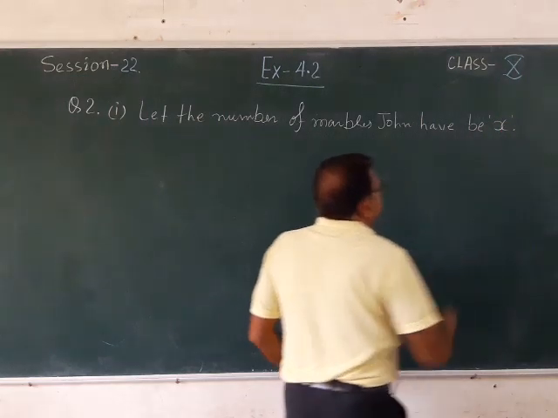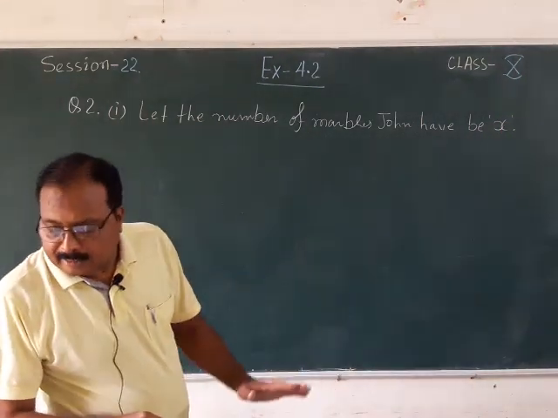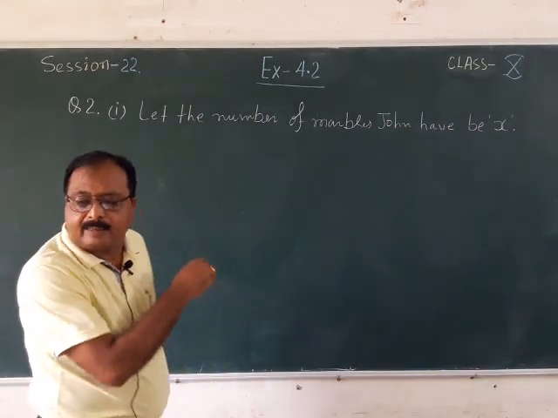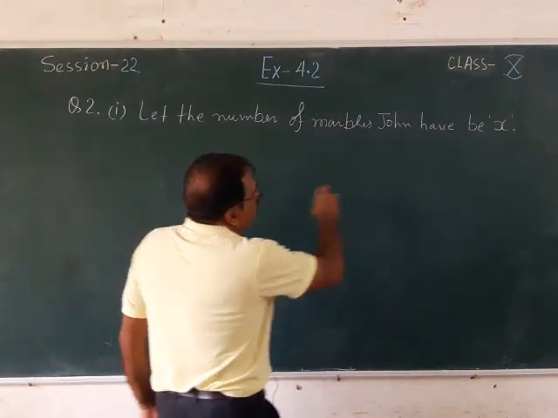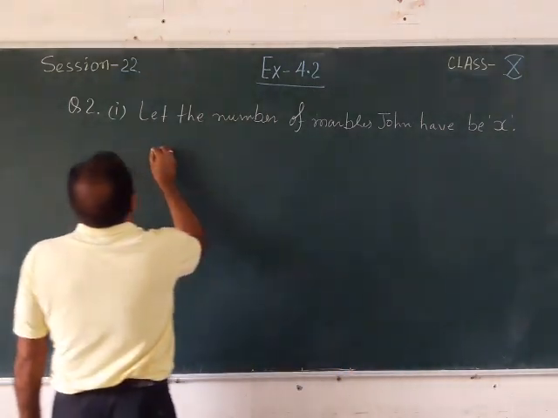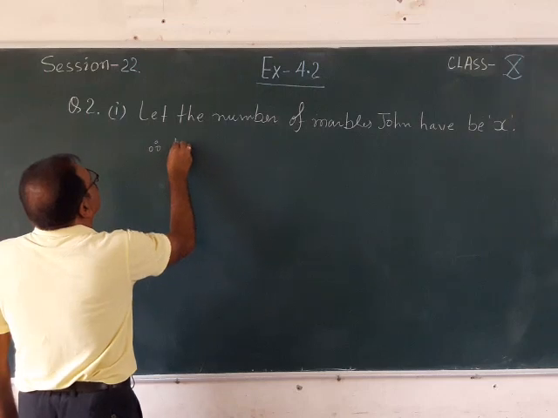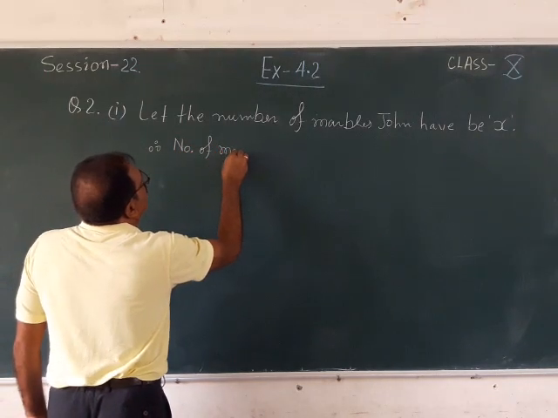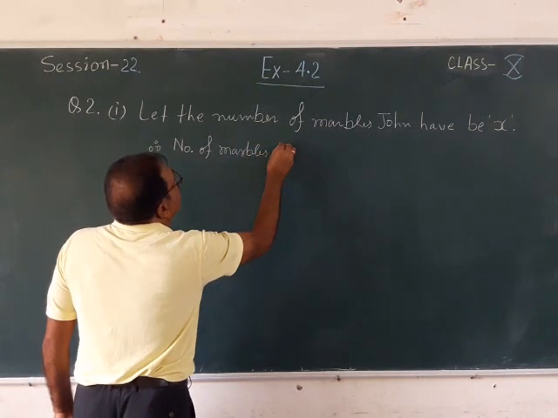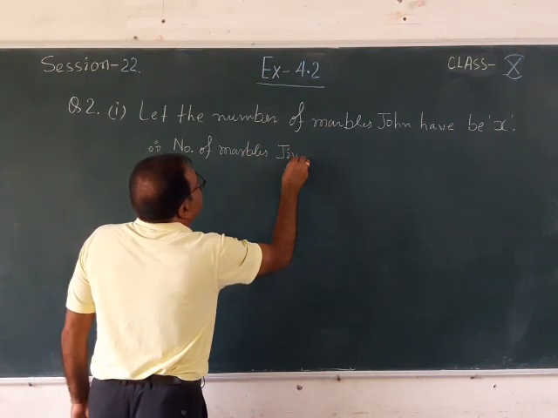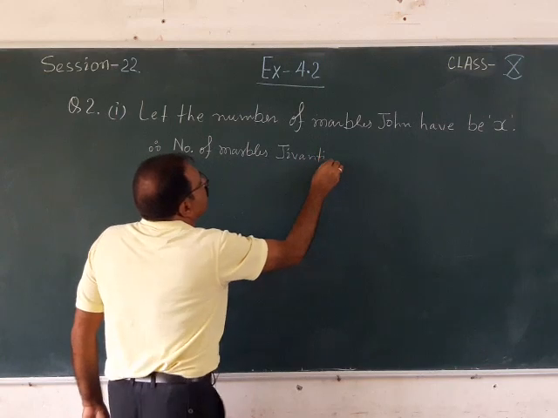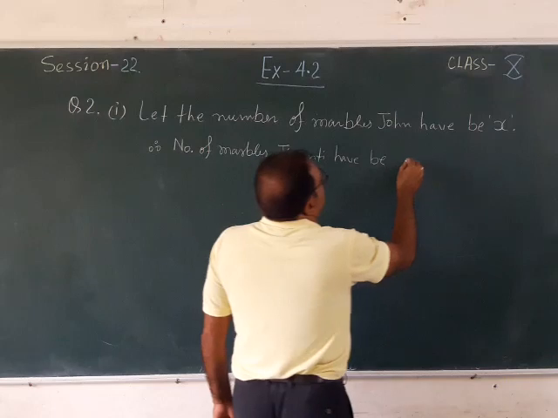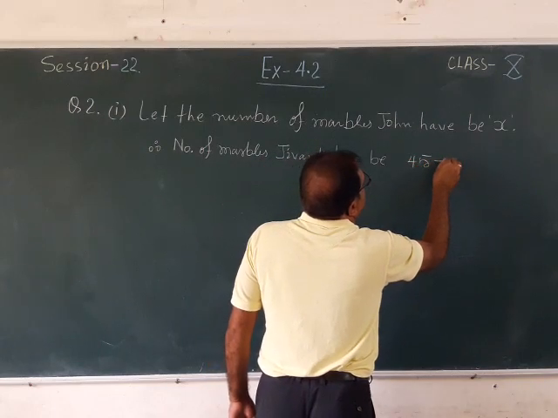Okay, if John is having x marbles, then the number of marbles Jivanti has is 45 minus x.